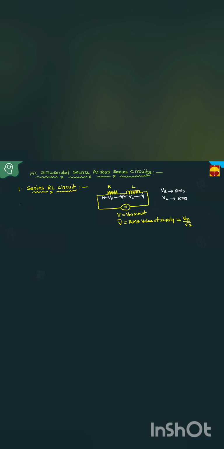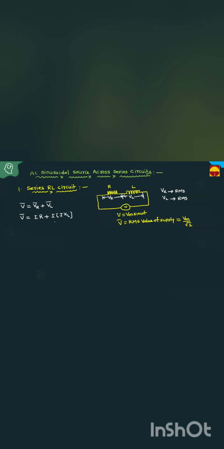Now, in phasor representation, you know V bar equals VR plus VL, both RMS values. How to write VR? I into R. How to write VL? I into jXL. The impedance of the inductor is jXL.